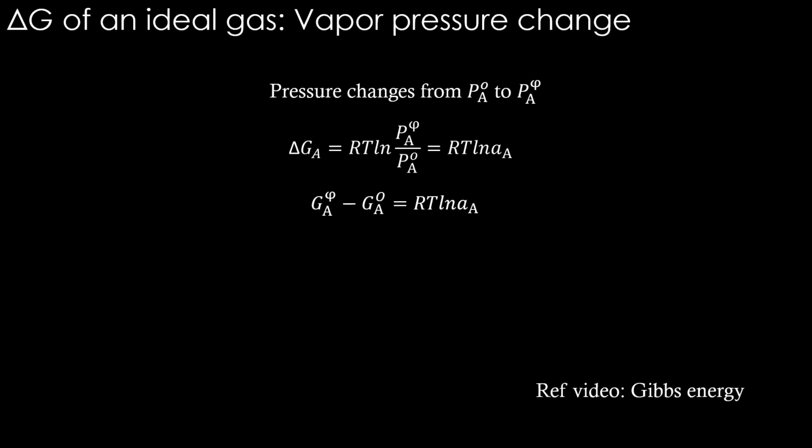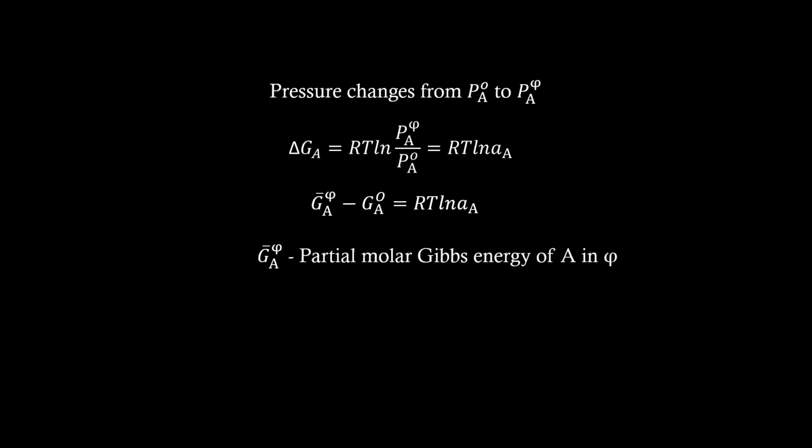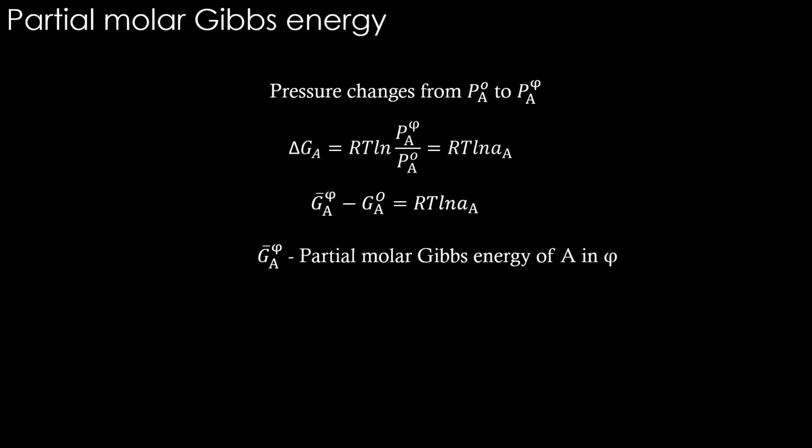We know that the solution also has B. Therefore, Gibbs energy of A in the solution can be called partial Gibbs energy. Sometimes a bar is used on top of G to indicate it. Also, a more standard way is to express this quantity per mole of A atoms. Therefore, the name partial molar Gibbs energy is used.